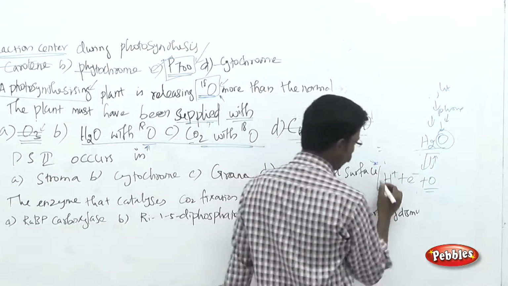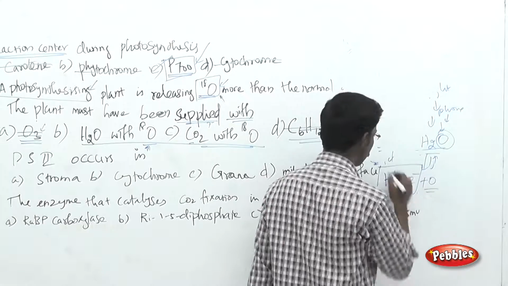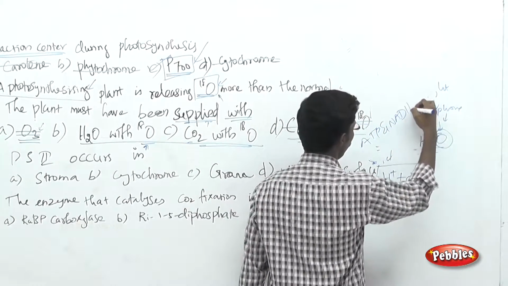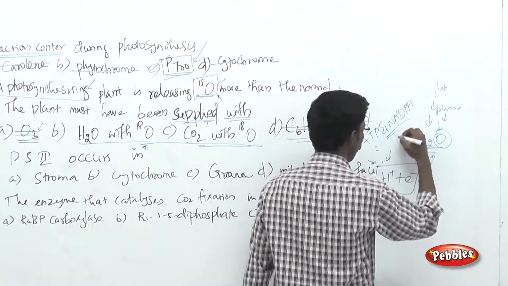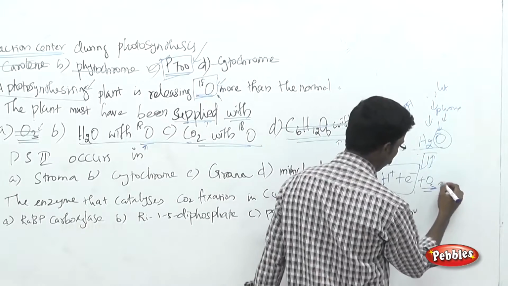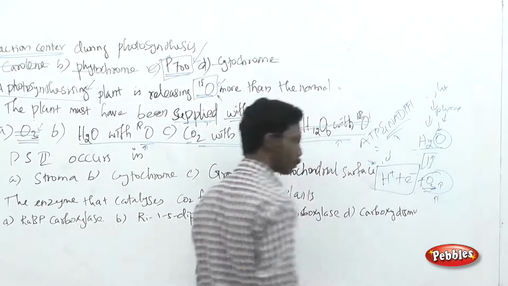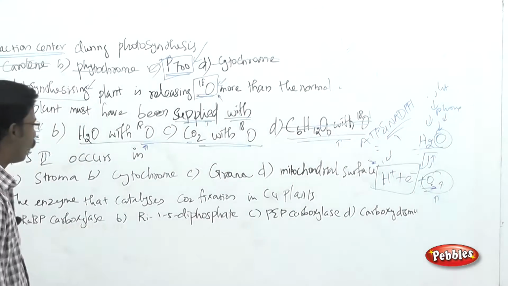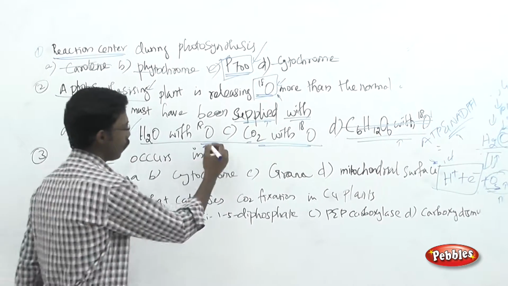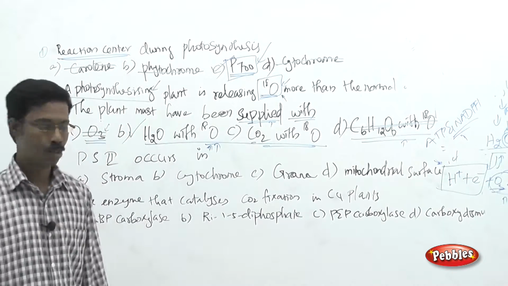As I told you, the protons and electrons will be utilized for the synthesis of ATP and NADPH. In the light dependent reaction, the oxygen will be released from the reaction, water splitting. Okay. So the answer over here is that the water is being labeled with the oxygen isotope. Okay.